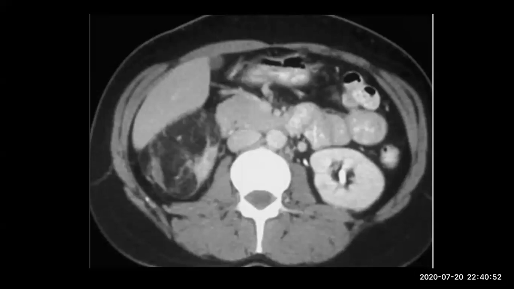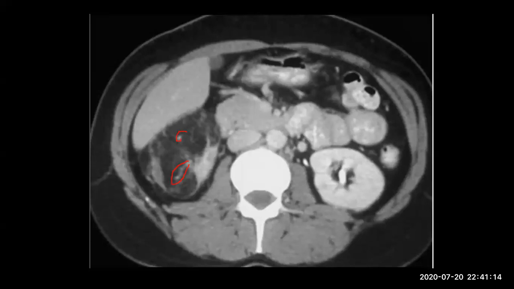The mass has fat density and soft tissue density, and also some prominent vessels in it, as we see here. This is a vessel, this is a vessel. What is your diagnosis?